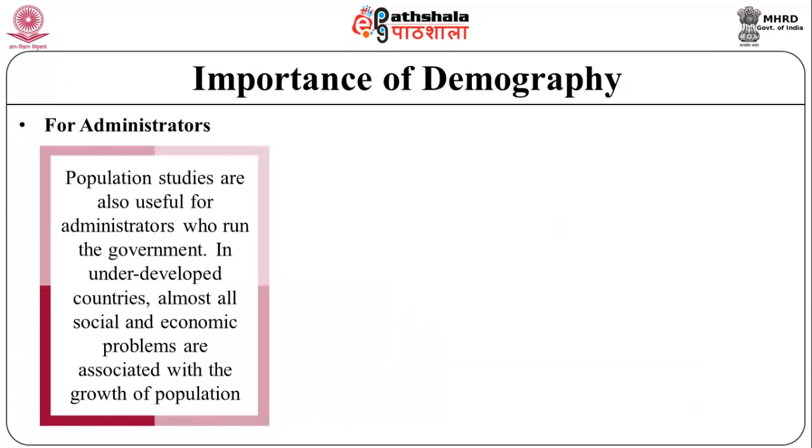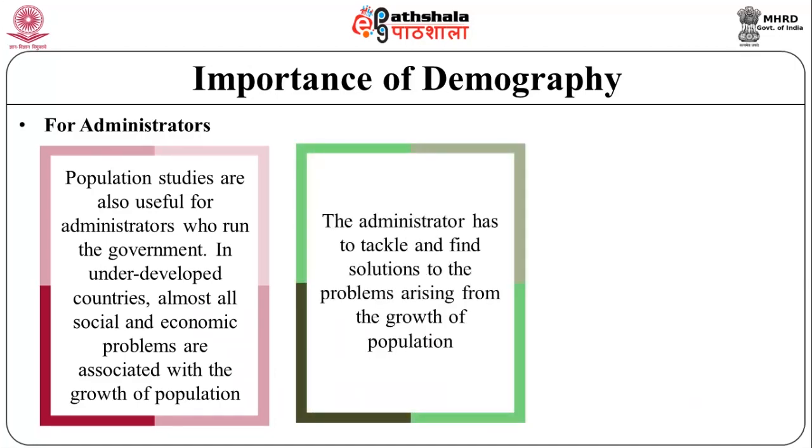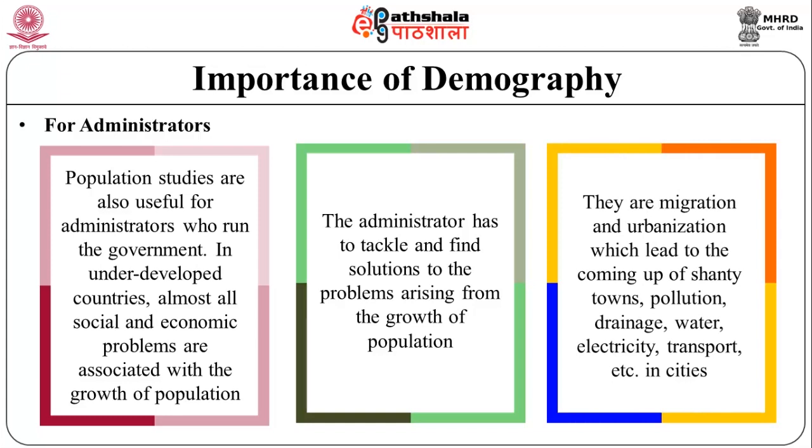For administrators, population studies are also useful for administrators who run the government. In underdeveloped countries, almost all social and economic problems are associated with the growth of a population. The administrators have to tackle and find solutions to the problems arising from the growth of these populations. They are migration and urbanization, which lead to the coming up of shanty towns, pollution, drainage problems, water scarcity, electricity problems, transport, etc. in cities.